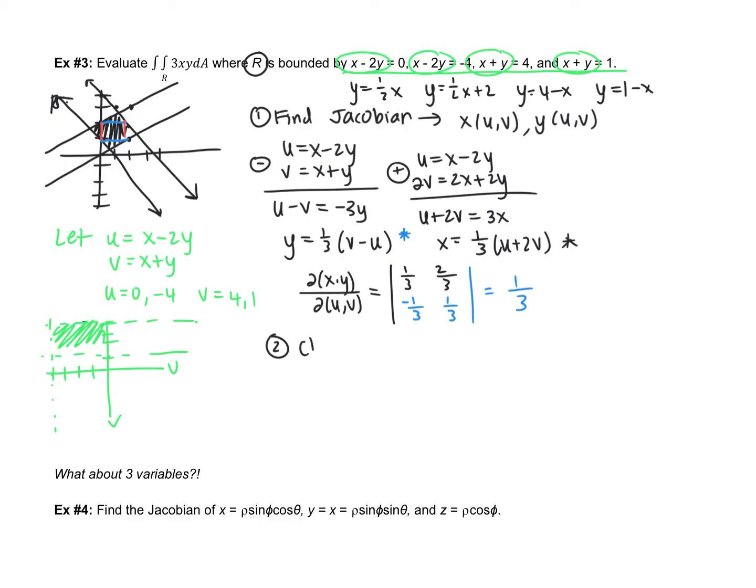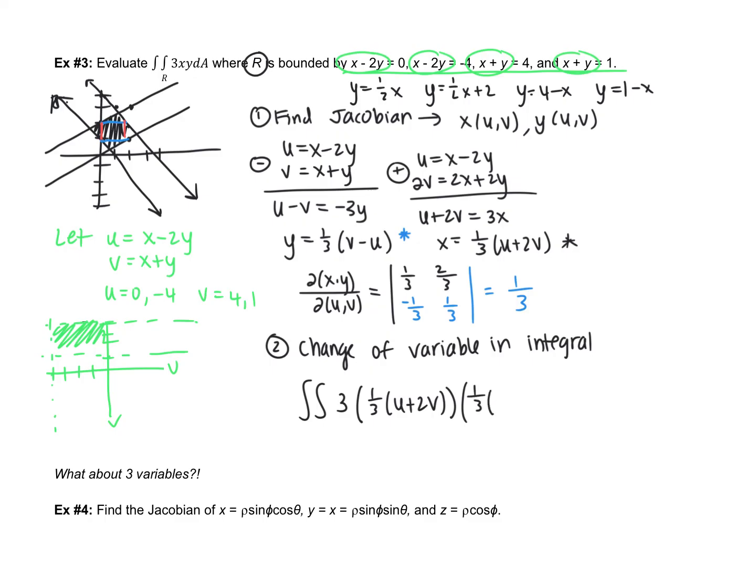Step 2 now is change the variables in the integral. So I have the double integral of 3. x is 1/3 (u plus 2v). y is 1/3 (v subtract u). I then have the absolute value of the Jacobian, du dv. And we set up here, u goes from -4 to 0, and v goes from 1 to 4.